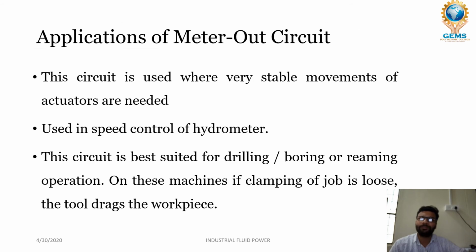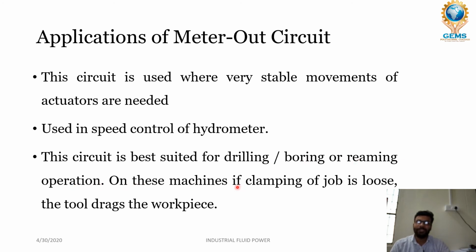Okay, what are the applications of meter out circuits? This circuit is used where very stable movement of actuators is needed. It is used in speed control of hydromotors. This circuit is best suited for drilling, boring or reaming operations.